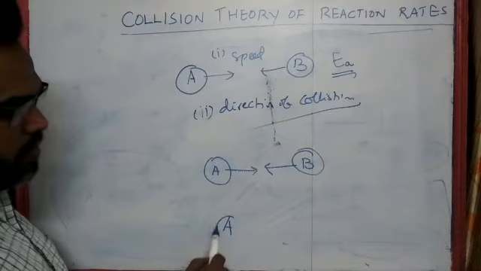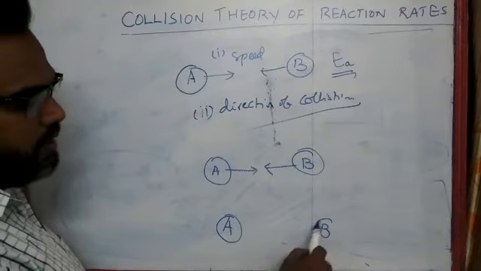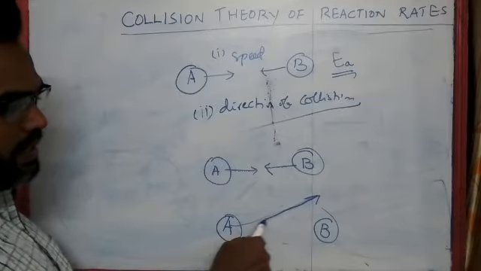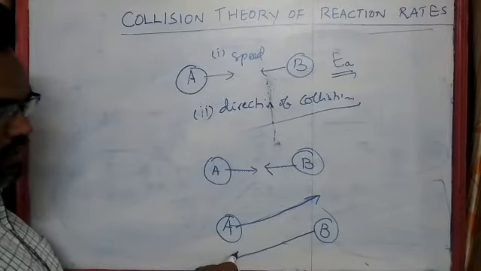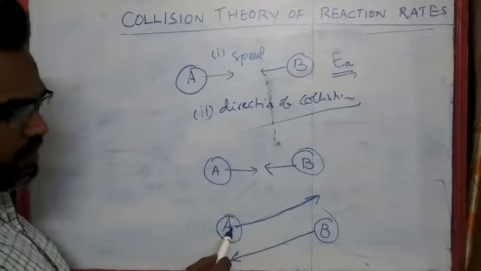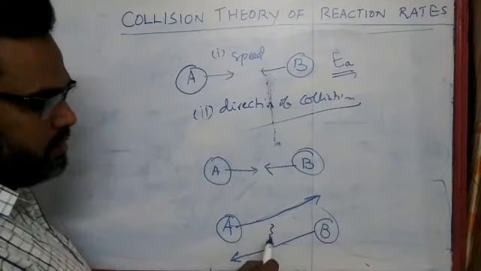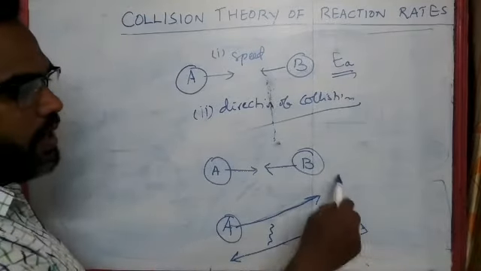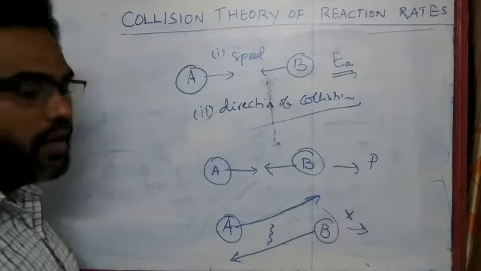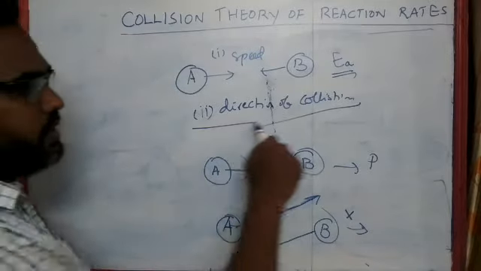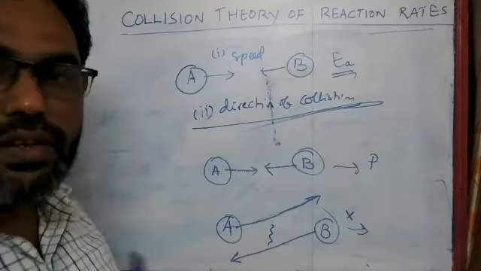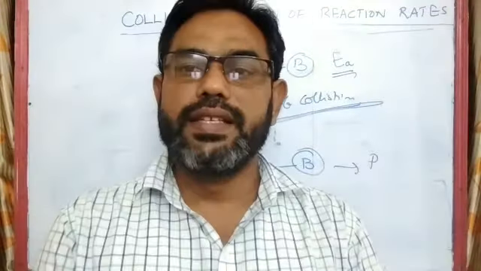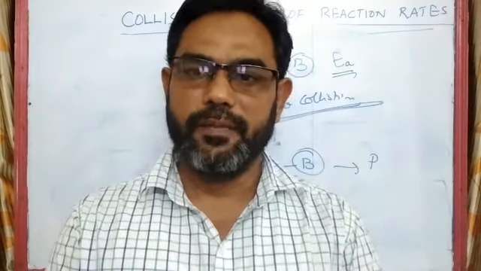Say these two molecules are colliding with the same speed, but the direction is slightly different. In this case, the collision does not result in a reaction, so this won't give you any product. So the direction of collision, the orientation of the molecule, is another important factor in deciding the reaction rate.